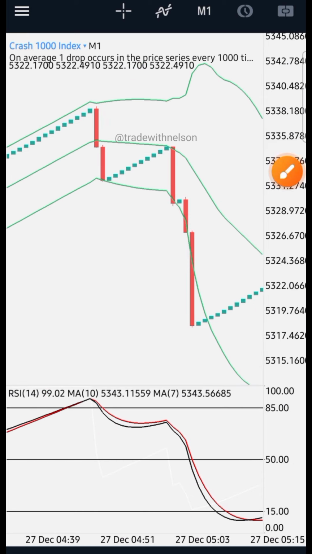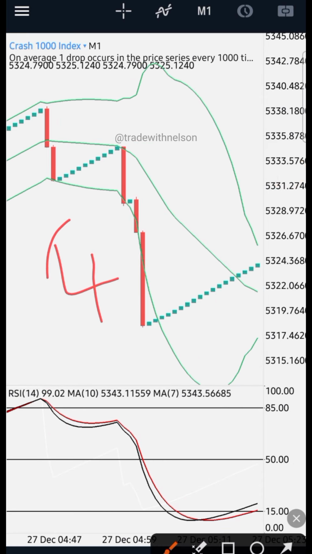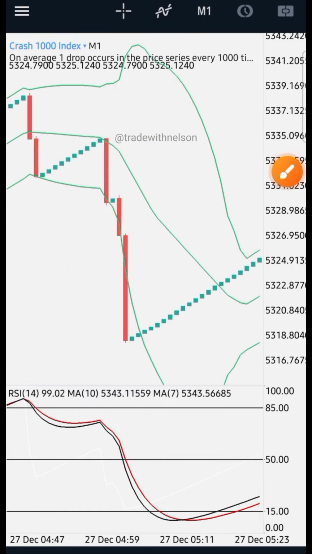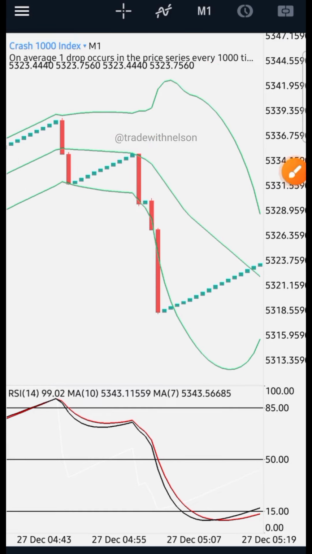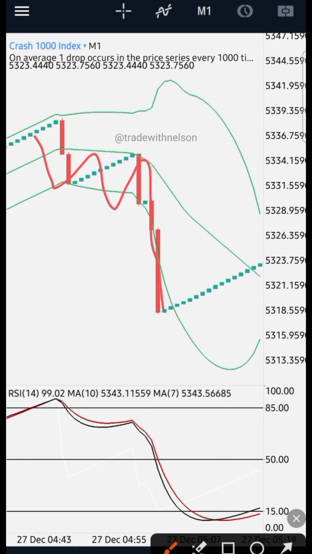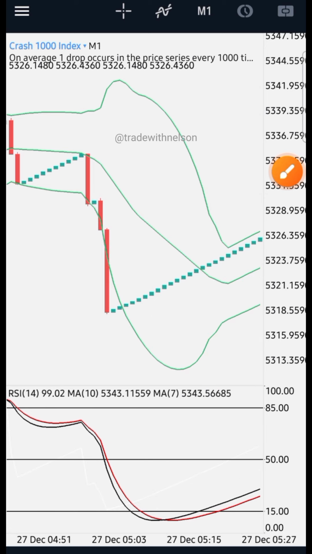So now, how do you combine all these four indicators to make a strategy? First thing we want to do is make sure that the market spikes down in the crash market, as we all know that we buy. So we wait until the market spikes down and breaks the lower band, which is indicating to us that the market is oversold.